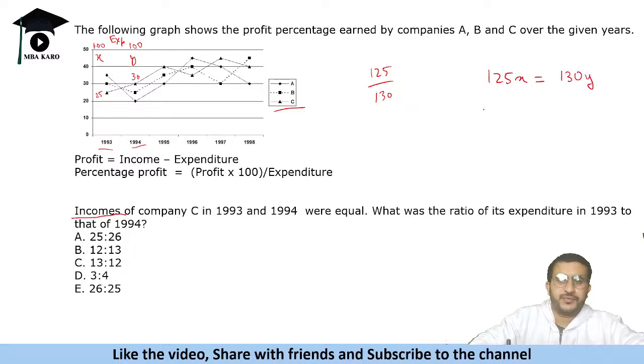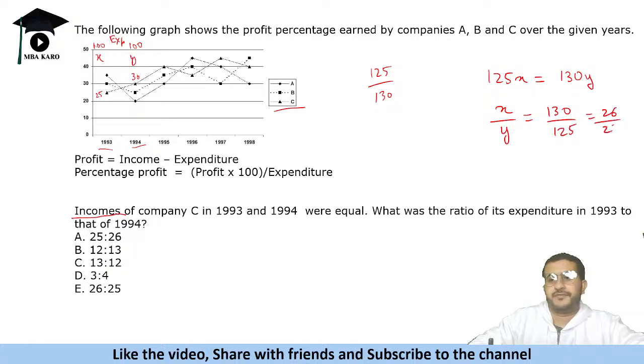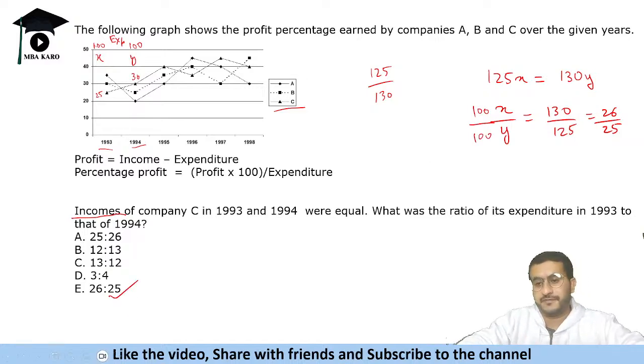Okay, so that is equal. Incomes are equal, expenditures are not equal. ठीक है, previous question का just opposite है. So we get x upon y is equal to 130 by 125, which is 26 upon 25. So आप कहोगे 100x और 100y था, तो 100x 100y कर लो, रेशियो तो वही रहेगा. The answer is 26 ratio 25.